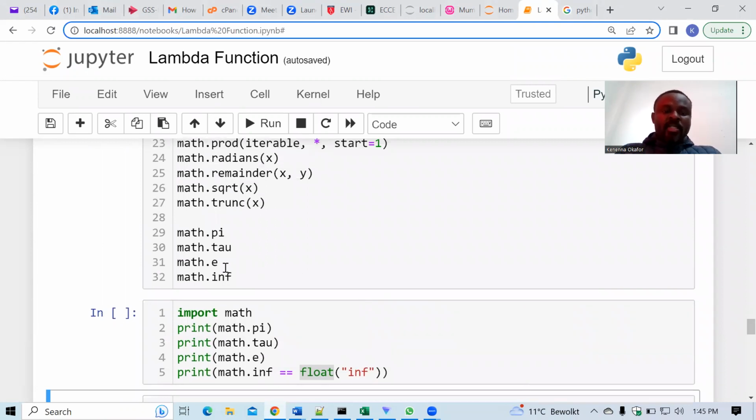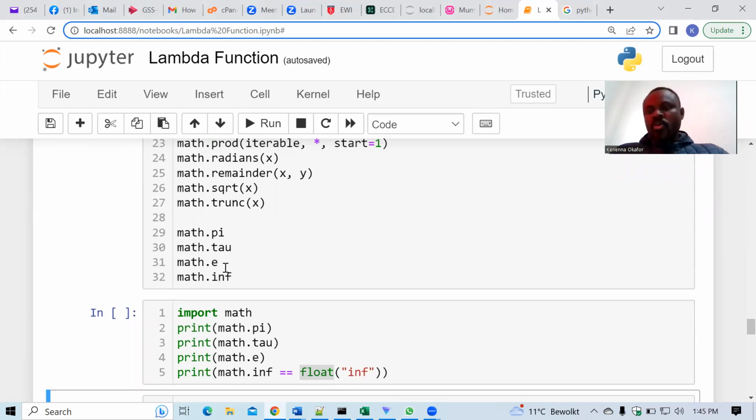I have the pi, the tau, e, and the inf. The infinity. The pi, you could think of it as the ratio of the circumference to the diameter, whereas the tau is the ratio between the circumference and the radius. These are constant values, right? They don't vary. And then the e is the base of the natural logarithm of numbers.